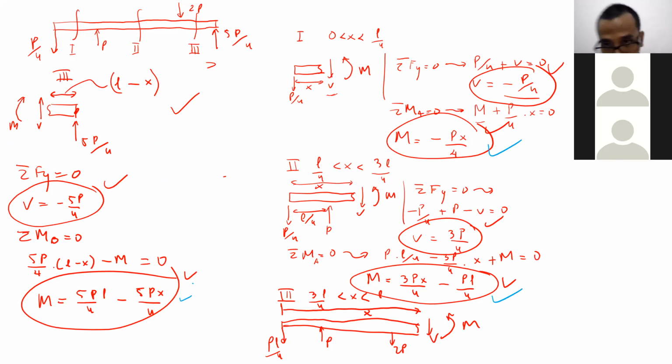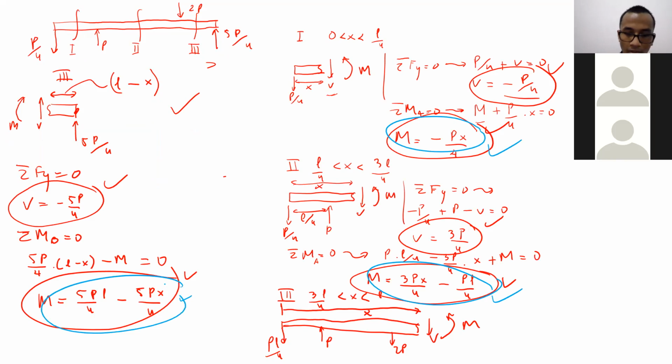In order to make it simpler, because you can see this one is linear, and this one is linear, and this one is linear, to draw a linear curve it will be simpler for us to know the starting point and the end point.